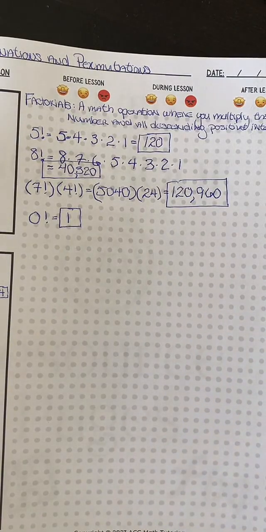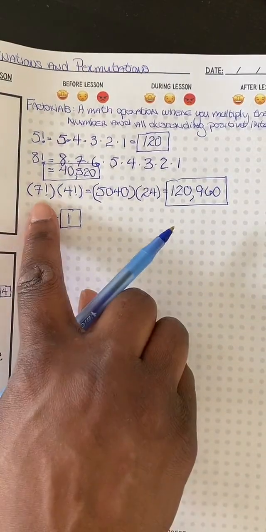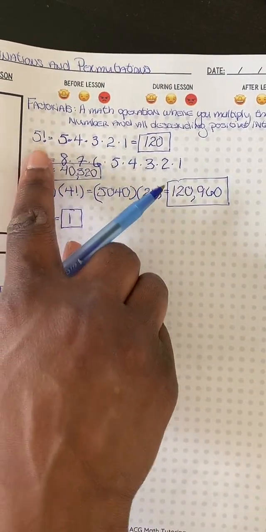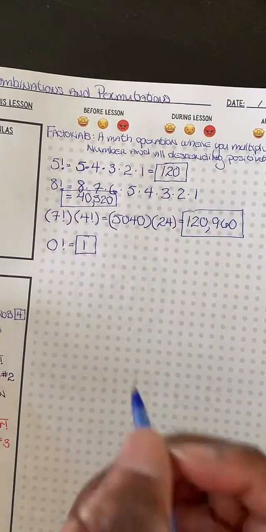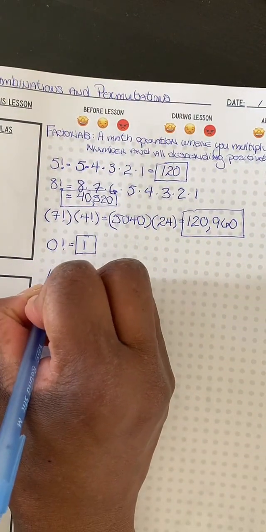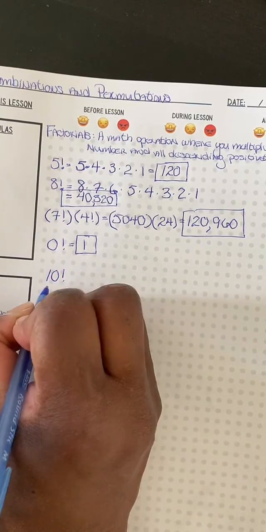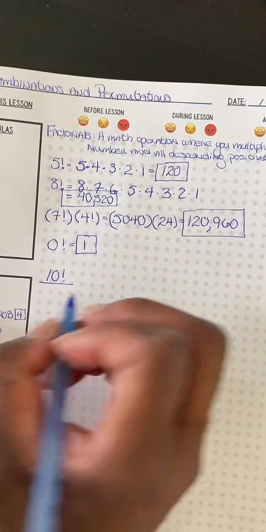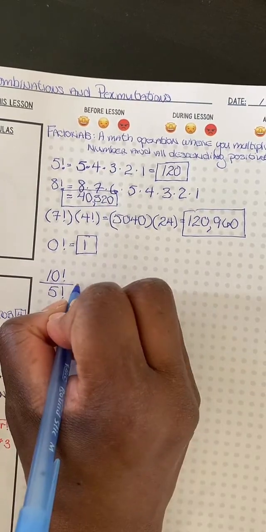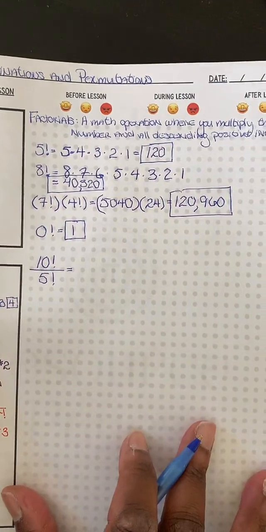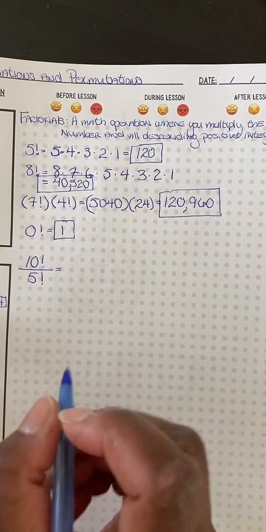So now, sometimes you might see a problem because we did multiplication. We just did the individual factorials. Now we're going to do division. So if I said 10 factorial over 5 factorial, let's think of it. Let me extend it out so you can really see what I'm talking about.